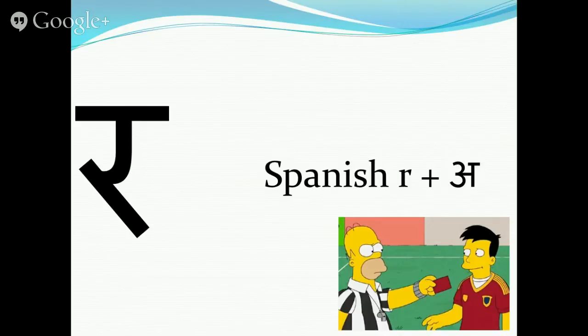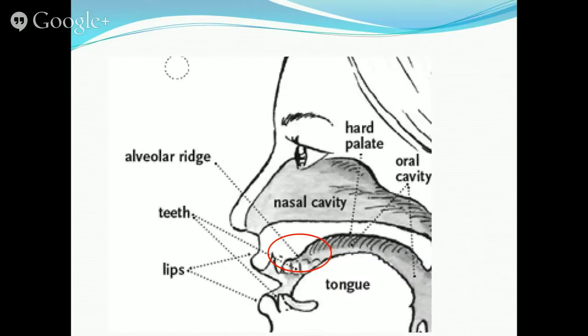So what's the difference? Here's where we're going to become very familiar with the insides of our mouth. Here at the back of the teeth, right above the teeth, if you feel with your tongue, push your tongue from your front teeth all the way up, and right behind the front teeth, you'll feel this bump.